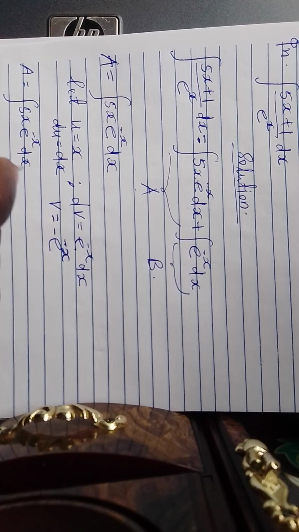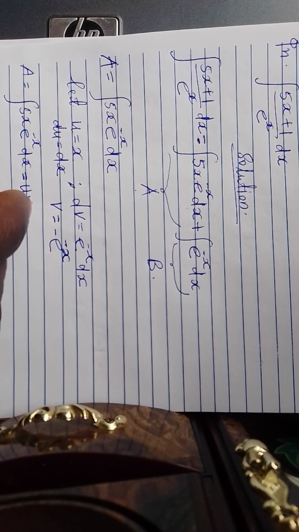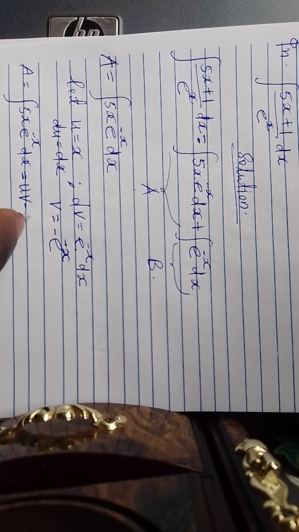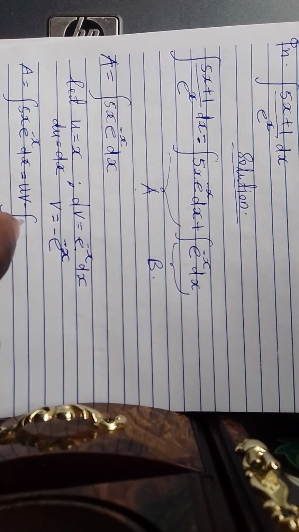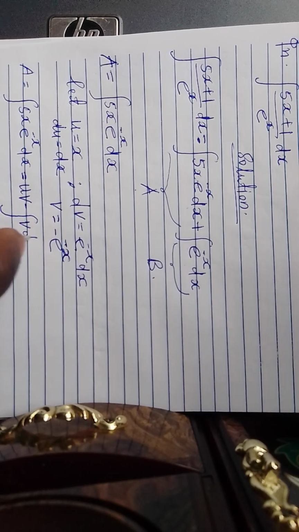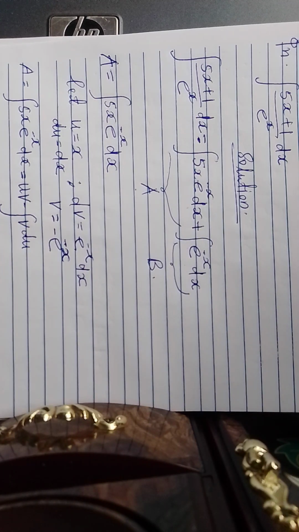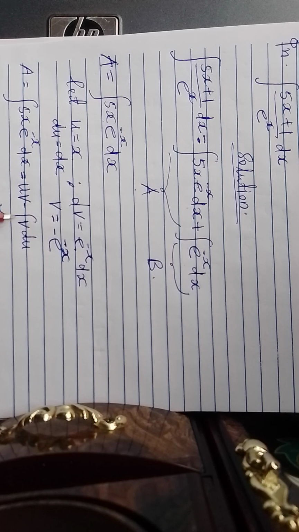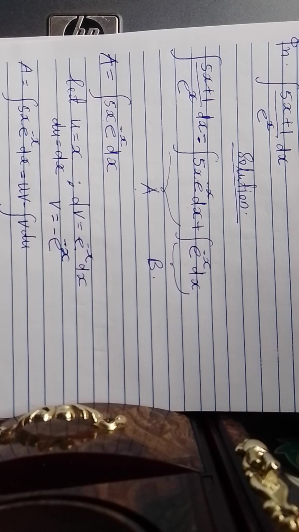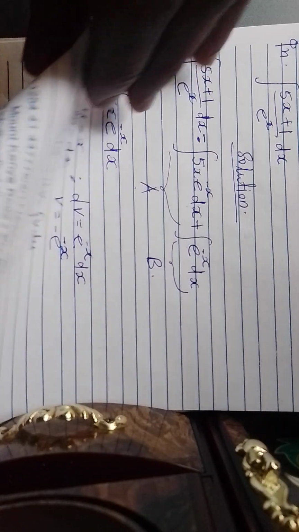We want to write it in this format: uv minus the integral function v du.